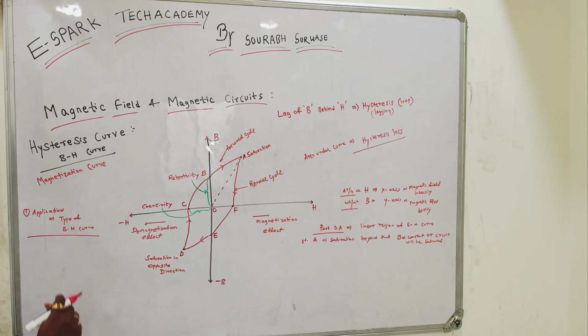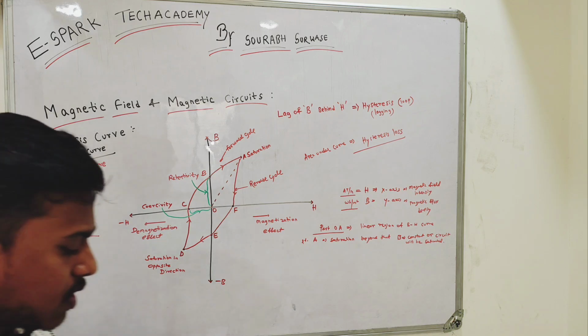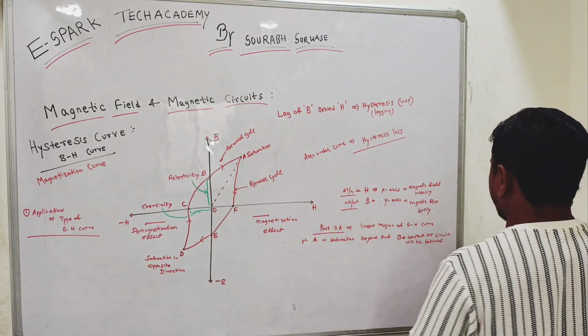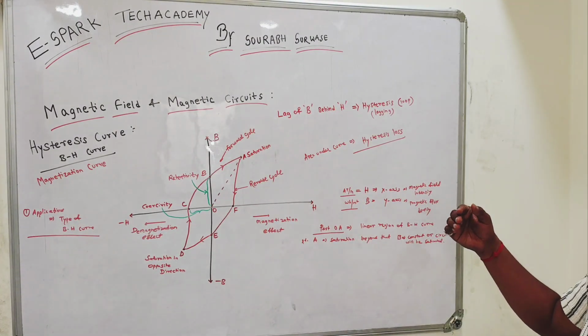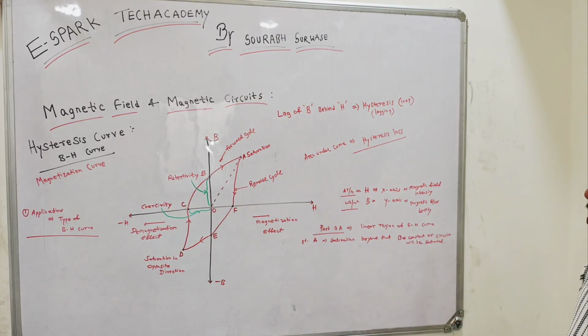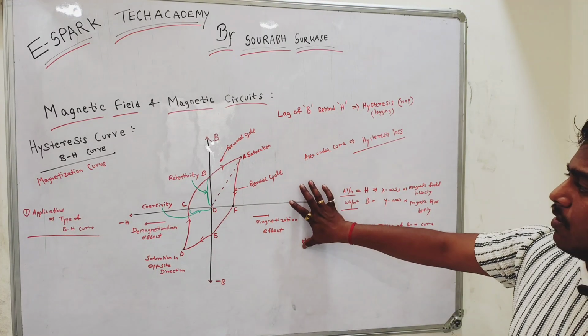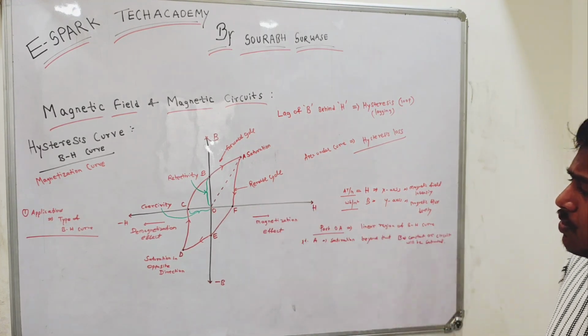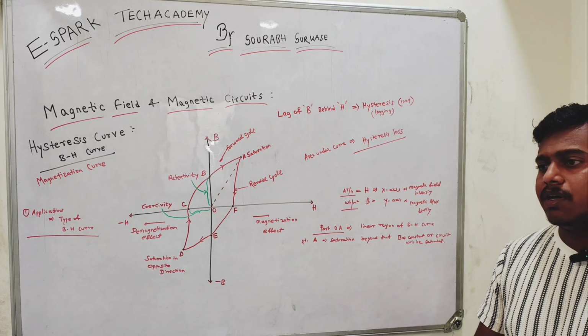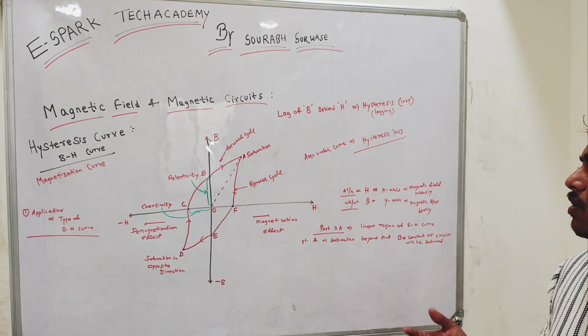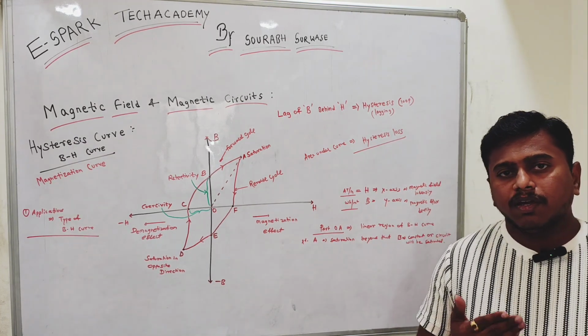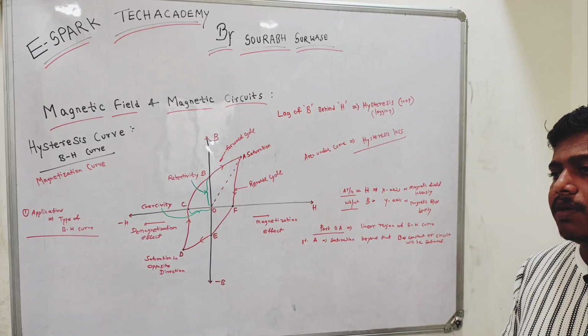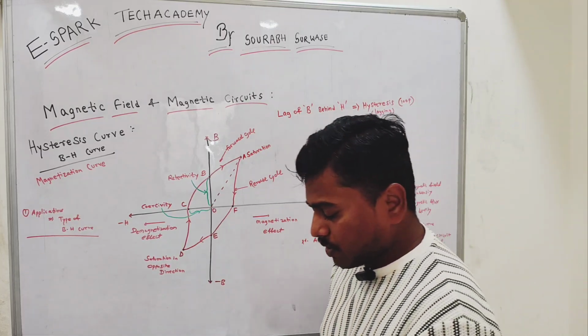Applications are directly proportional to the type of BH curve. What kind of BH curve we are getting when we apply the hysteresis curve concept, and accordingly we are using it for transformers, electric machines, or in some cases we are making permanent magnets, meaning hard magnets.